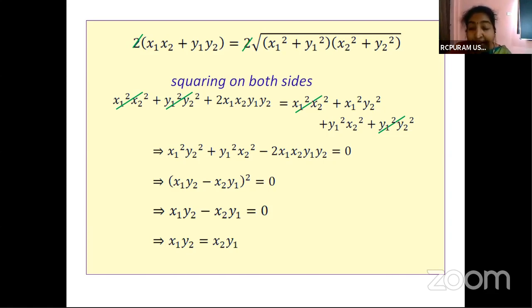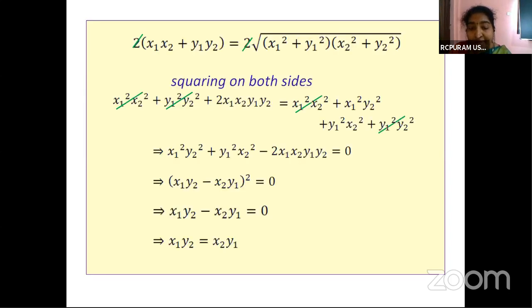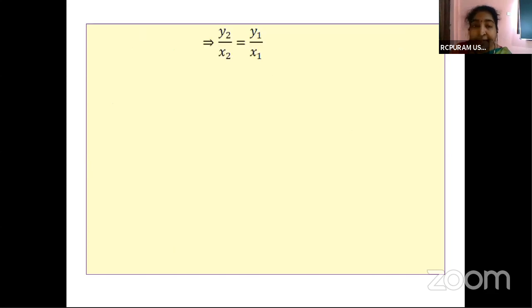Okay. I will try to rearrange the terms like this. y2 by x2. Look at this. y2, and from the right hand side, I am sending x2 to the left hand side. And from the left hand side, x1 I am sending to the right hand side. So we will get it as y2 by x2 is equal to y1 by x1.